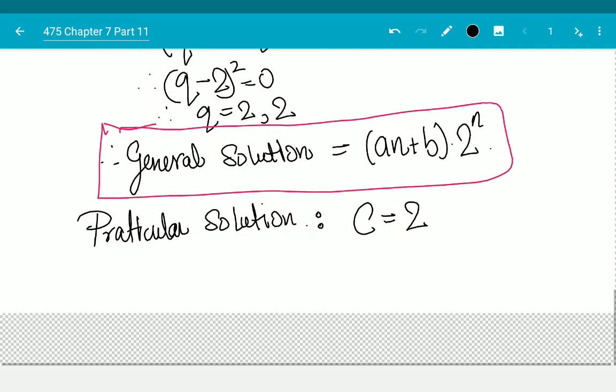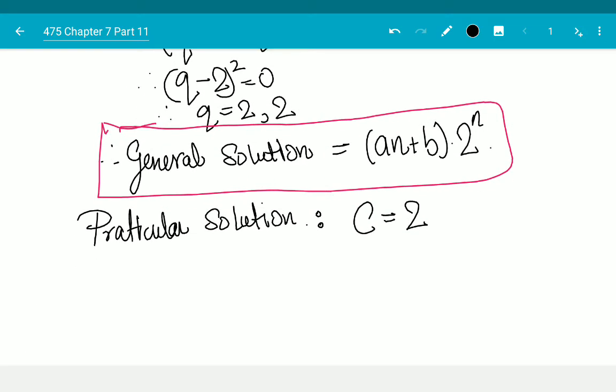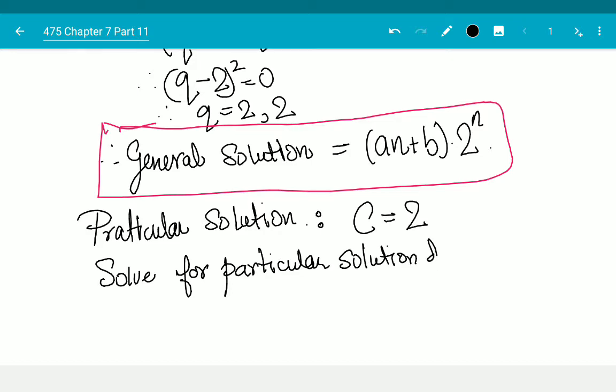It's a constant. In that case, I solve for a particular solution of the form just some constant d. So what am I going to look for?